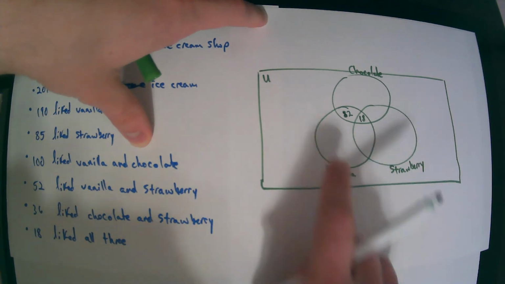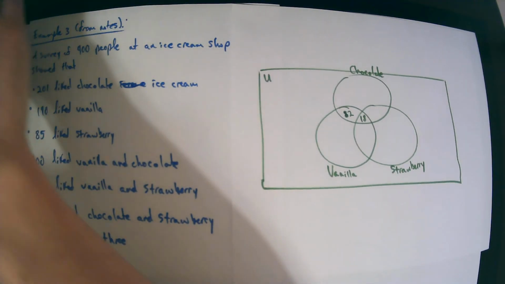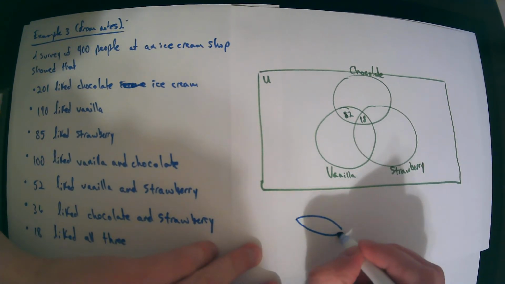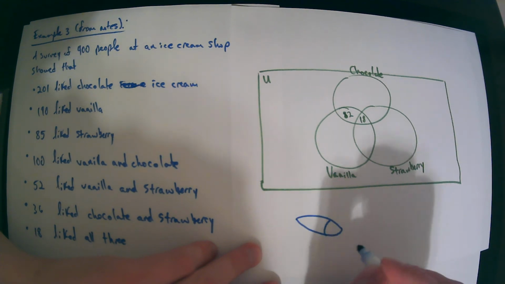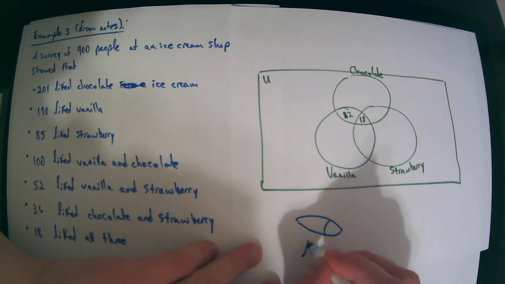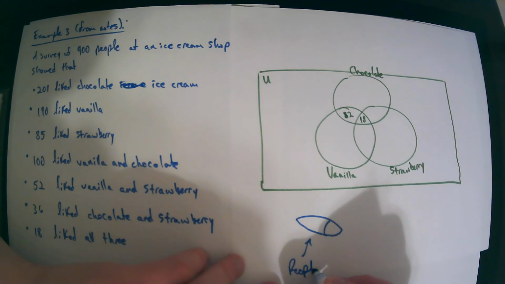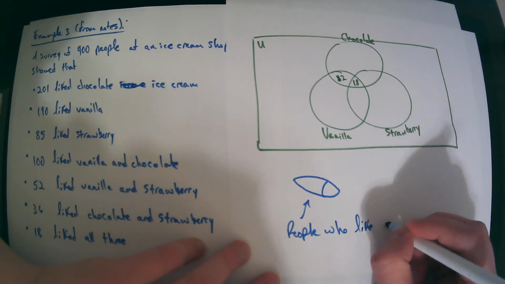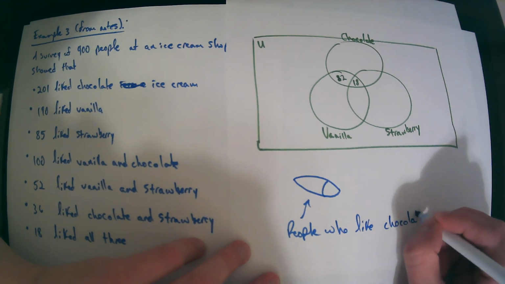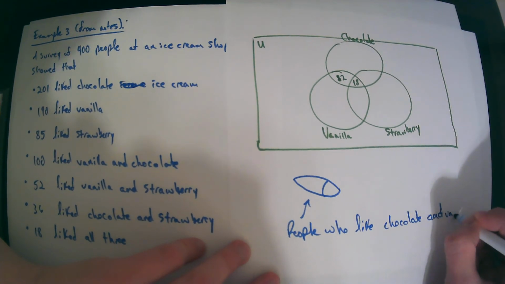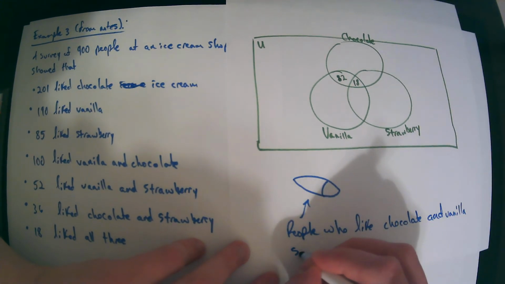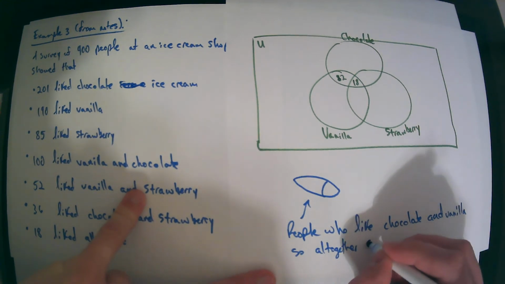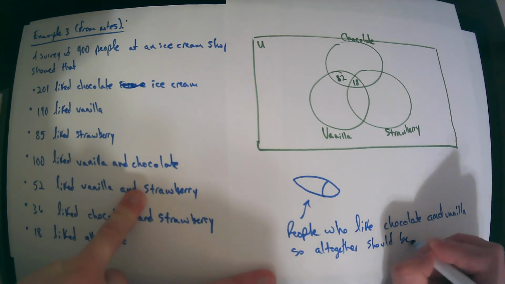Okay, so that whole section, this little part here with this little line in it, it looks like an eyeball. This is, let me scoot up a bit, people who like chocolate and vanilla, right? So altogether, according to our data point, should be 100, right?